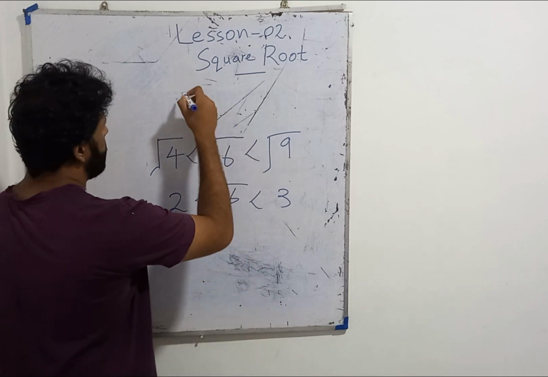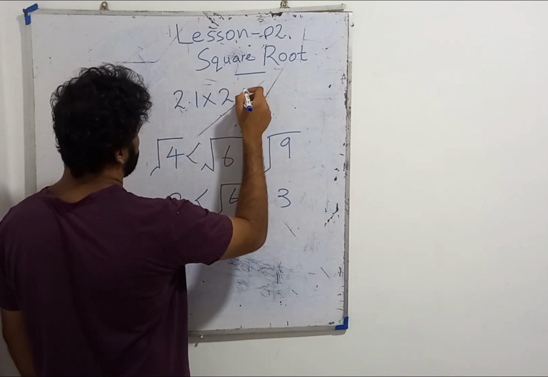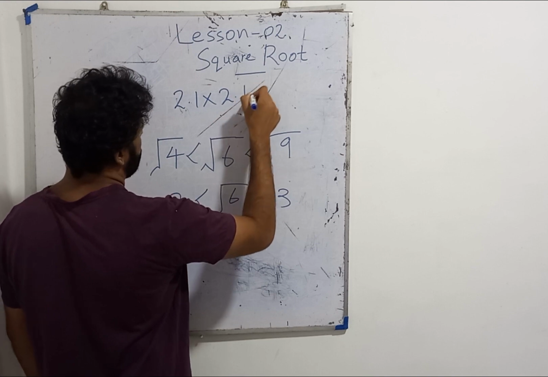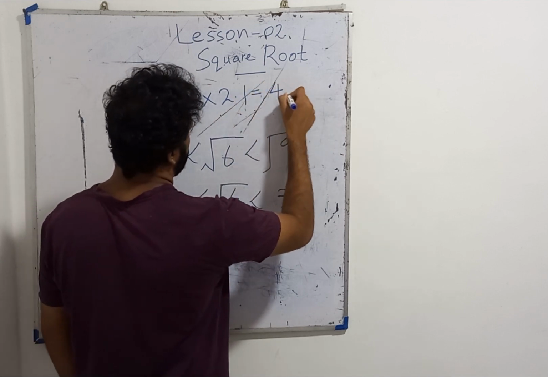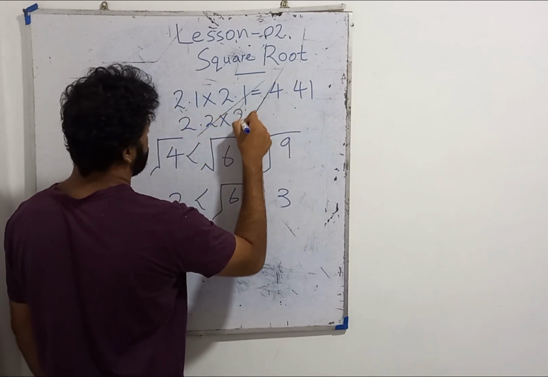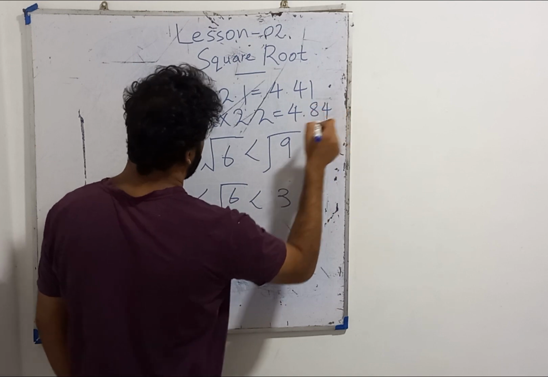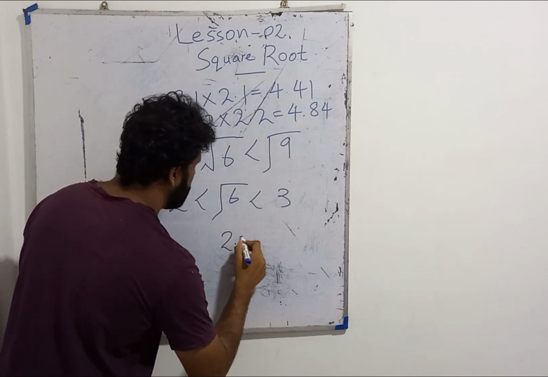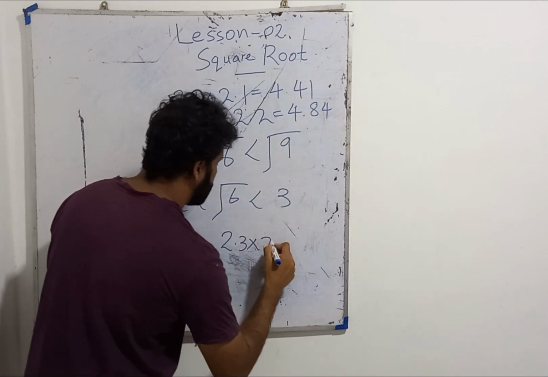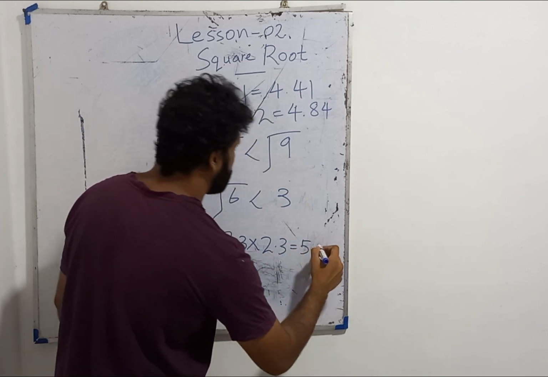So 2.1 into 2.1, that's going to be 4.41. 2.2 into 2.2, that's going to be 4.84, right? 2.3 into 2.3, that's going to be 5.29, right?